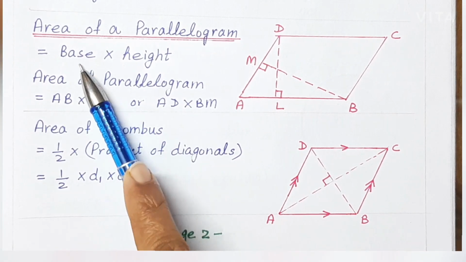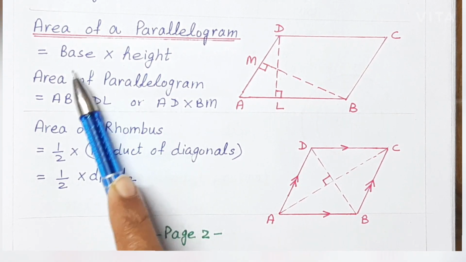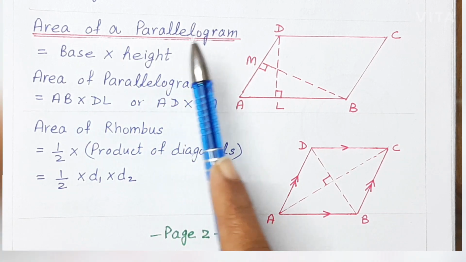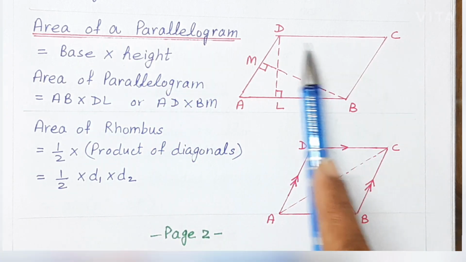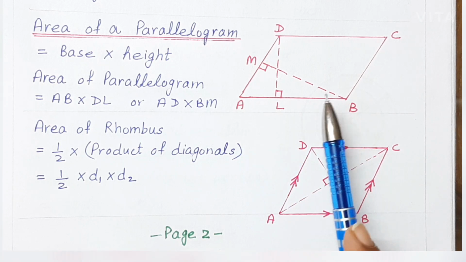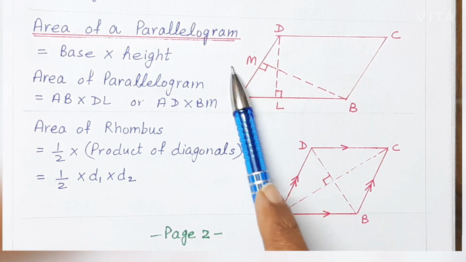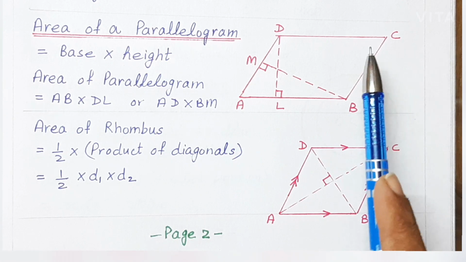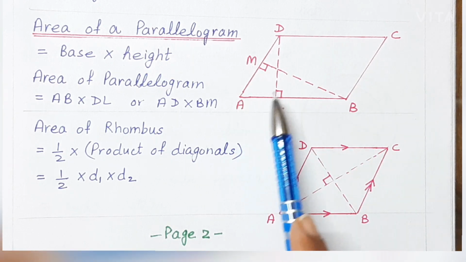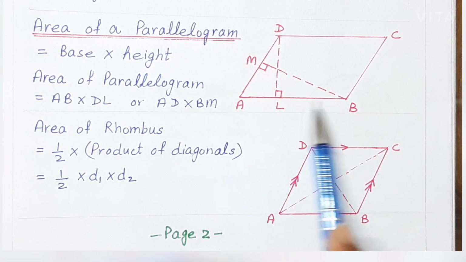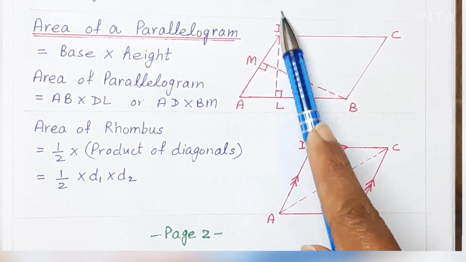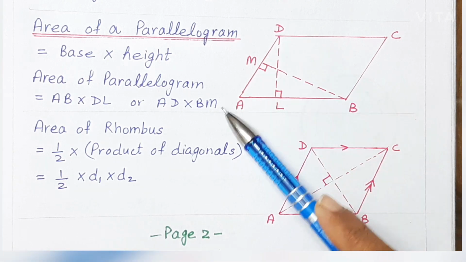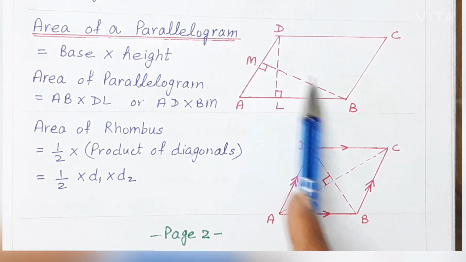Now children, let us discuss about area of a parallelogram. Now we all know parallelogram is where opposite sides are equal and parallel. Now for this, area of parallelogram is base into corresponding height. Clear? It is base into corresponding height.